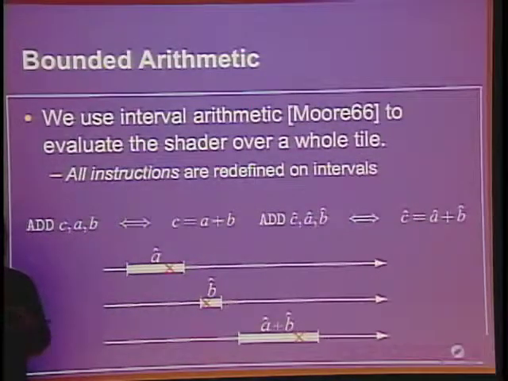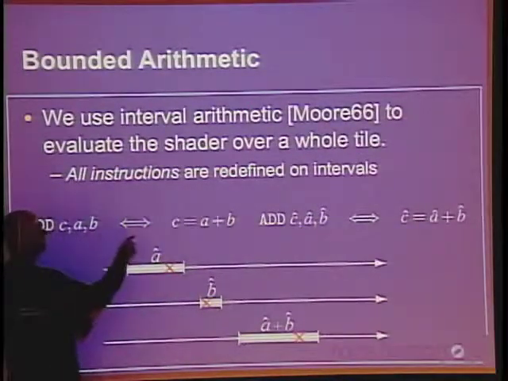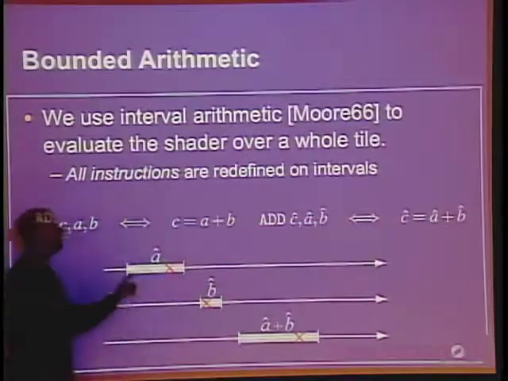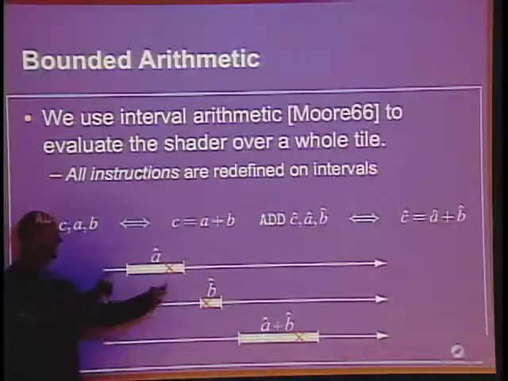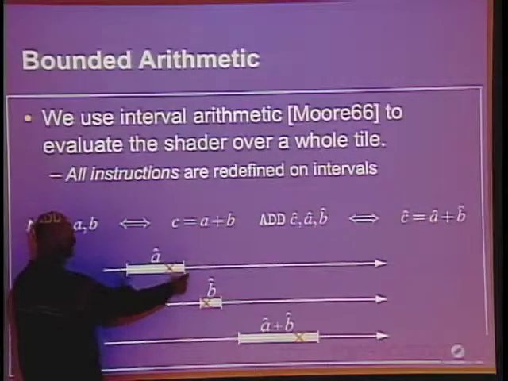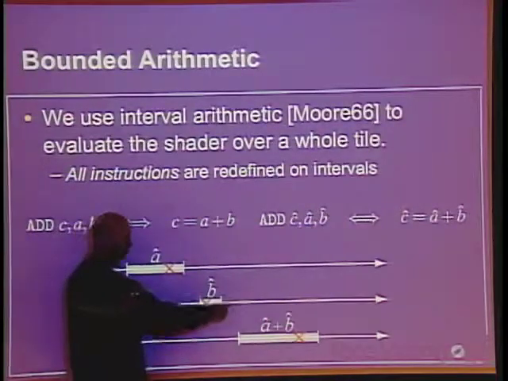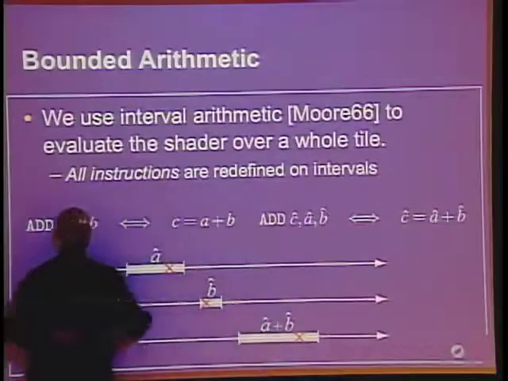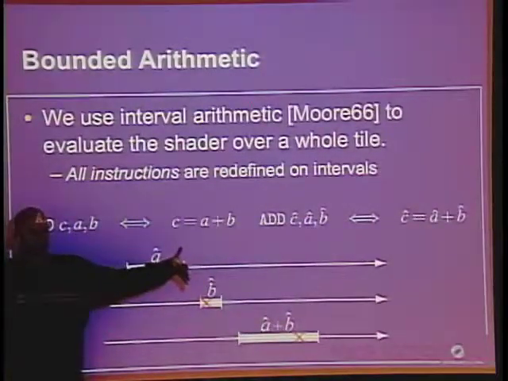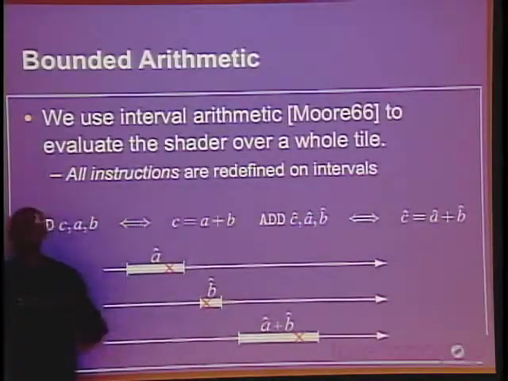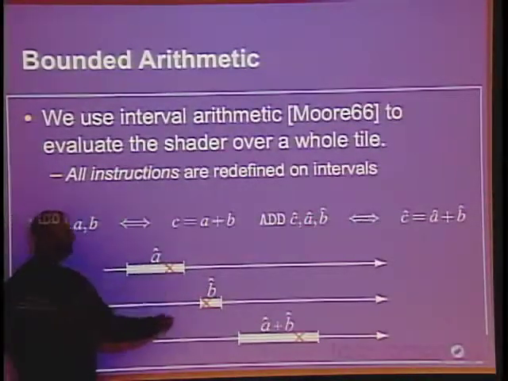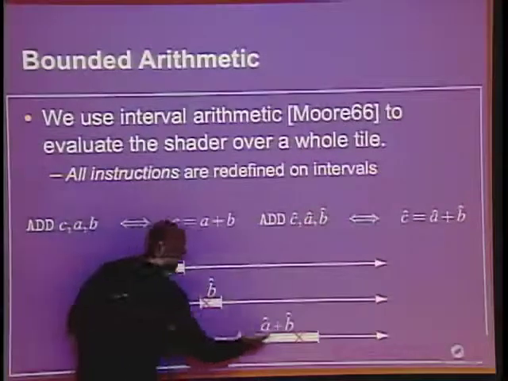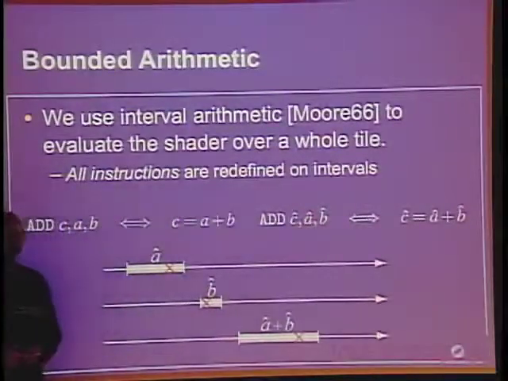You can do arithmetic not just on individual values like A plus B, you do arithmetic on an entire range. It basically says, if A falls between these two and B falls between these two, then A plus B falls between these. So it's sort of a worst case scenario. Worst case, if I take A from anywhere in here and B from anywhere in here, I can promise you that the sum is going to be somewhere in this region.